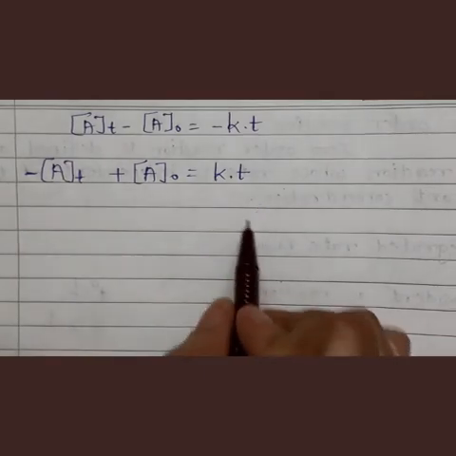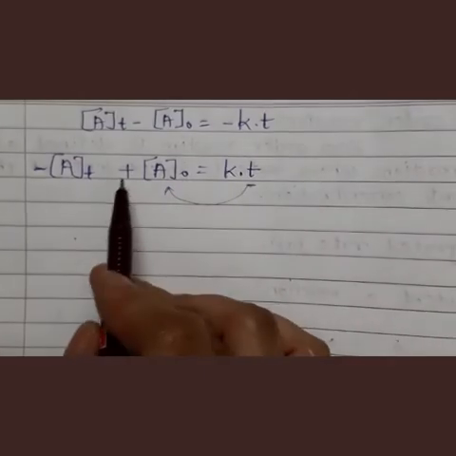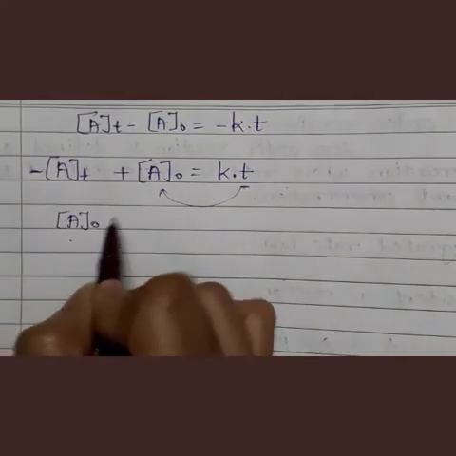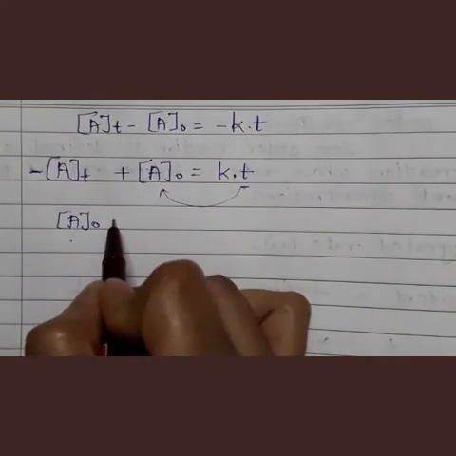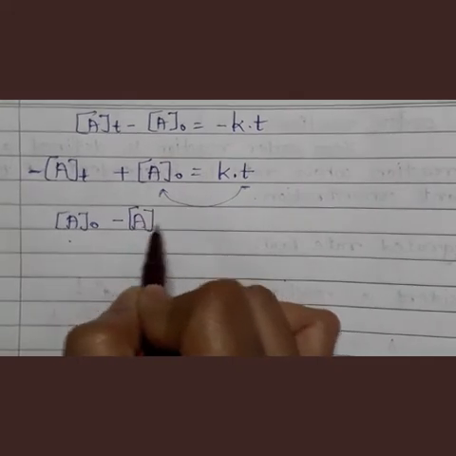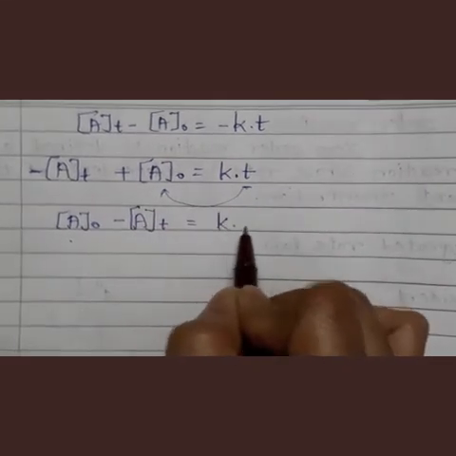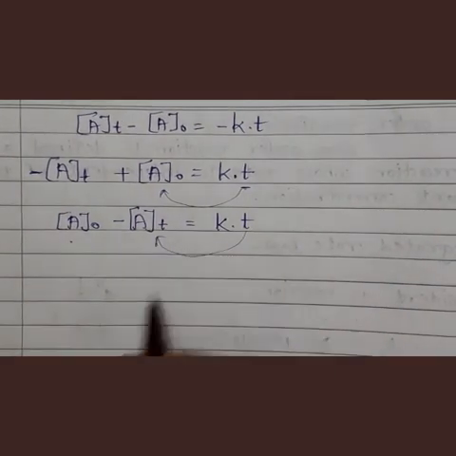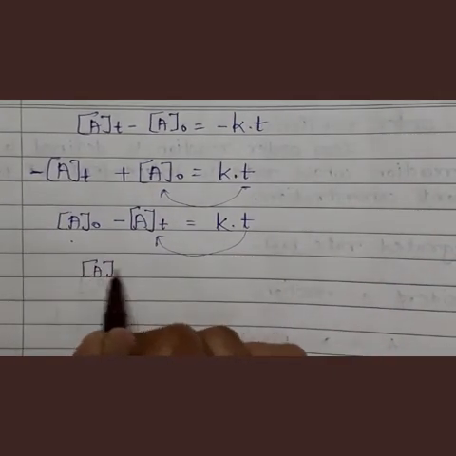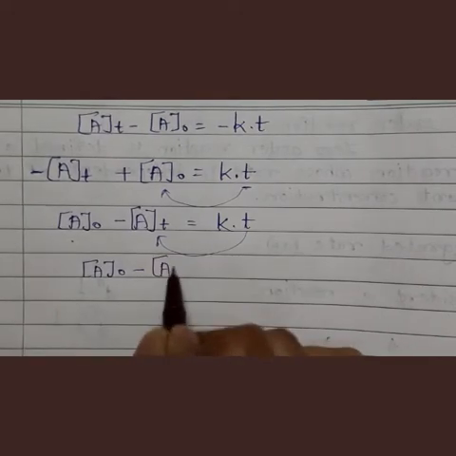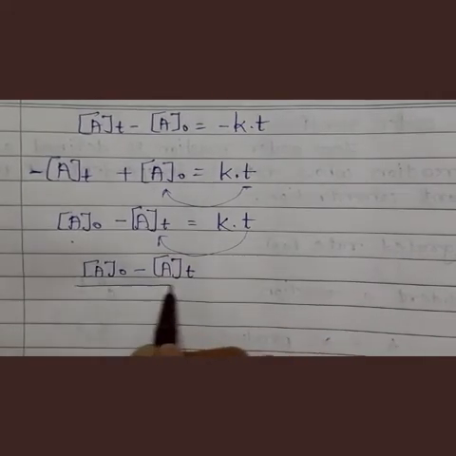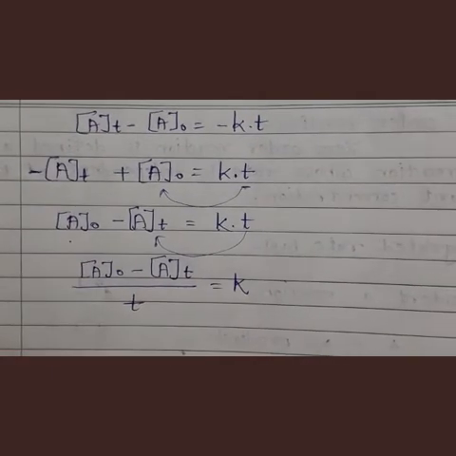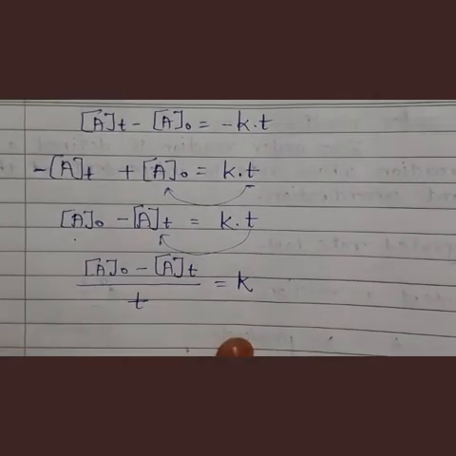Now let us rearrange this first. A0 I will write first, then minus At, is equal to kt. Now this t I will send on that side. So (A0 minus At) divided by t is equal to k. So this is the rate constant.